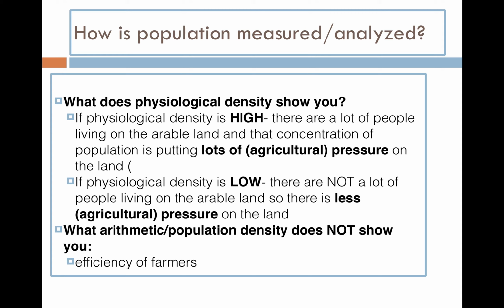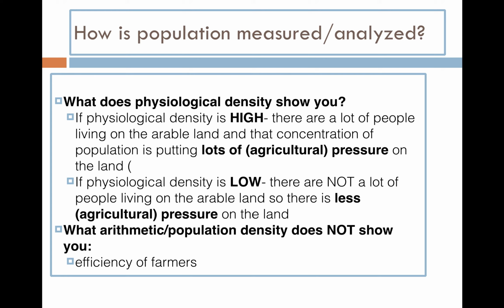High physiological density gives us a much better indication of the concentration of people. Are they all clustered on that arable land? Then the physiological density is high. And I want you to consider almost like all the people standing on top of the tabletops in this classroom.